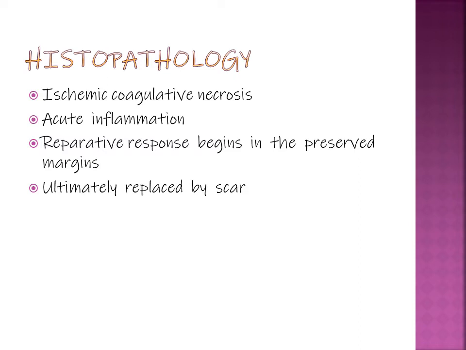The inflammatory cells are usually acute inflammatory cells in the earlier days of the infarct. So the dominant, most important microscopic feature of infarct is ischemic coagulative necrosis. As you can see in point number 1, I have clearly mentioned it, ischemic coagulative necrosis. And the second important feature is acute inflammation, as I mentioned previously.